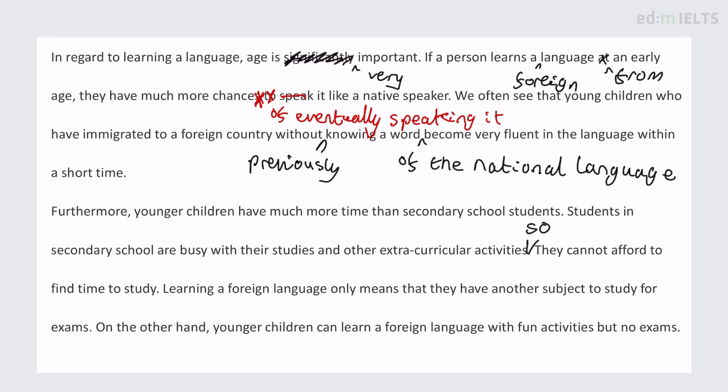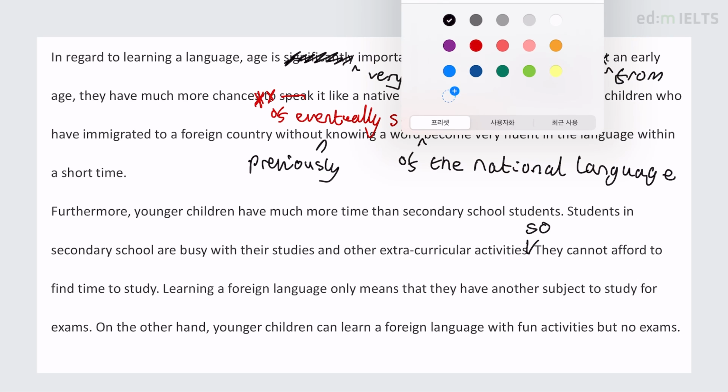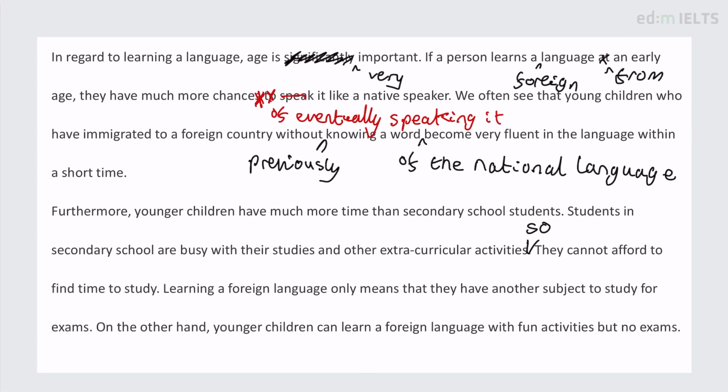They're busy, so they are often unable to find time or to find the time to study.